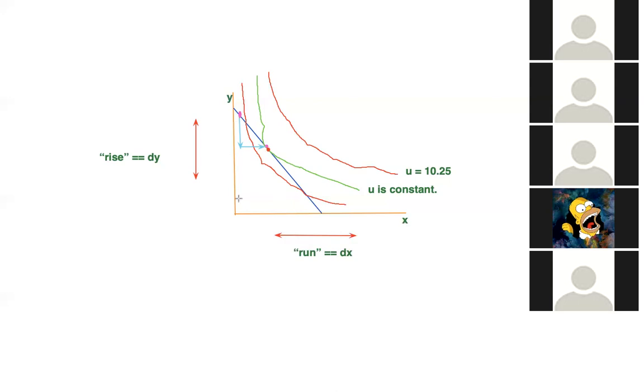You know what I mean? Does that make sense? Yeah. So I start out here, and that point is associated with an amount of x and an amount of y. Then I go to this point, and it's associated with this amount of x and this amount of y. I can take the difference between those two and calculate my rise and my run. And that's what dy over dx does, it calculates that change.